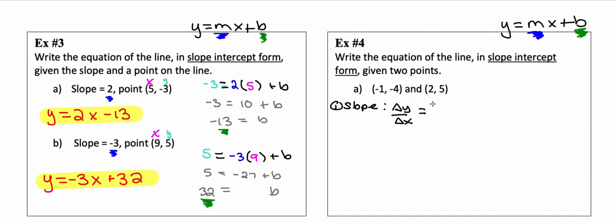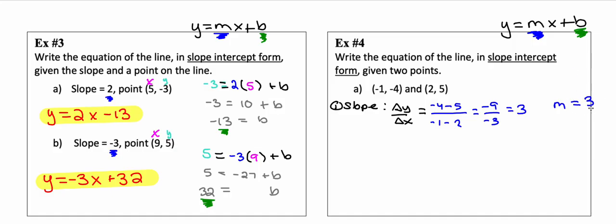So I'll do the y, -4 minus 5, divided by, now my x's, since I started with -4, I'll start with -1 in the denominator. -1 minus the next x is 2. -4 minus 5 is -9, divided by -1 minus 2 is -3. -9 divided by -3 is equal to +3. That tells us that our slope, m, is equal to 3.